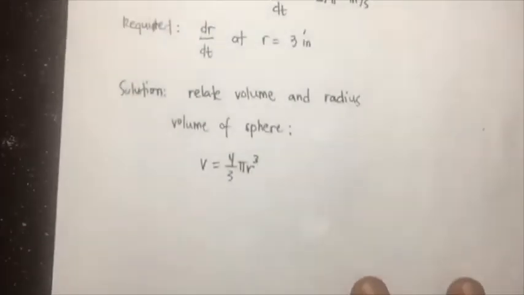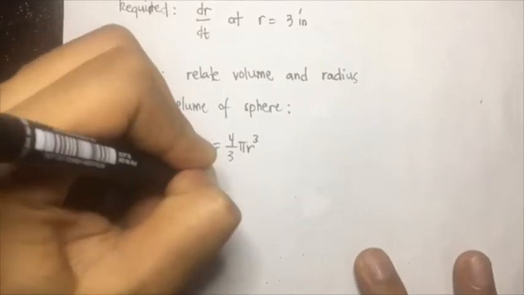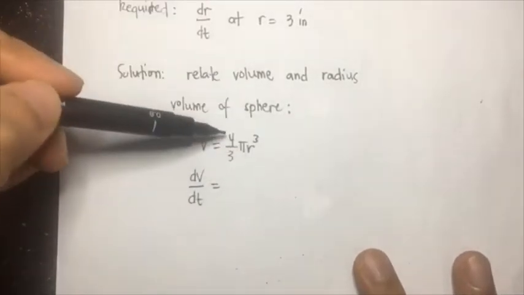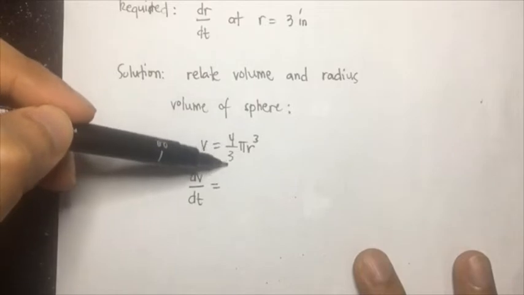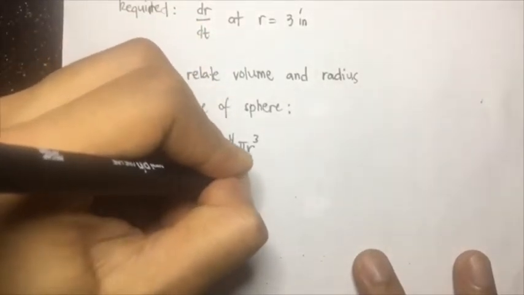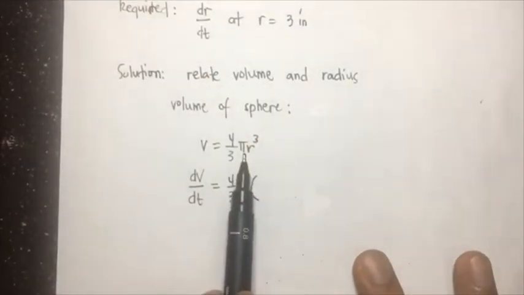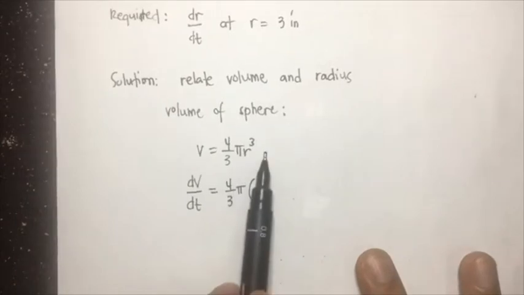Therefore, dV over dt is equal to the coefficient 4 over 3 pi, and then we differentiate r cubed with respect to t.